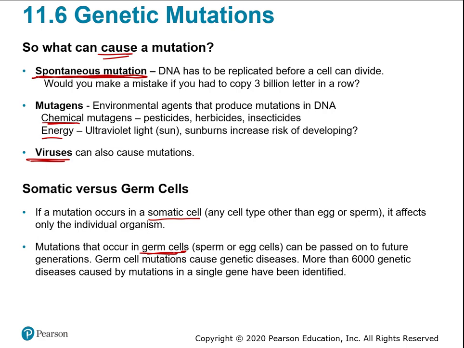So not all mutations are bad. You always think of mutations, and I always think of cancer, right? I think of a disease or something bad. Well, mutations really develop a whole lot of variation among a species. Sometimes they're beneficial, sometimes not so much. Having darker skin is beneficial because it protects you from ultraviolet light.